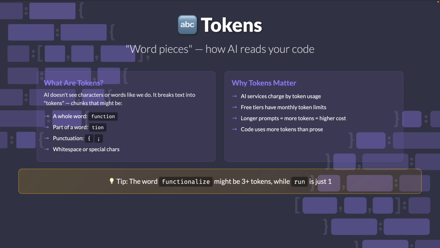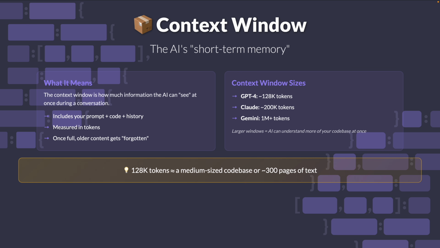Why does this matter? Because AI services often have token limits. Free tiers limit how many tokens you can use per day or month. So understanding tokens helps you understand why sometimes you hit limits and why longer prompts cost more. Next, a context window.